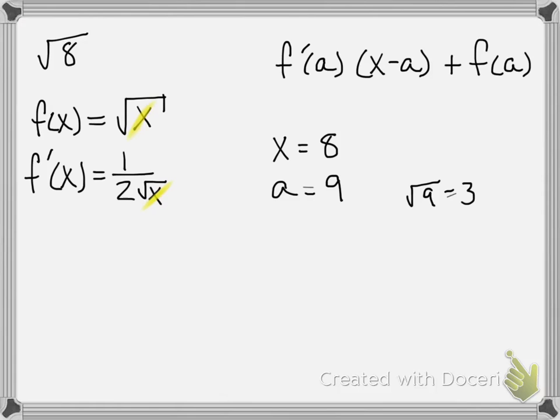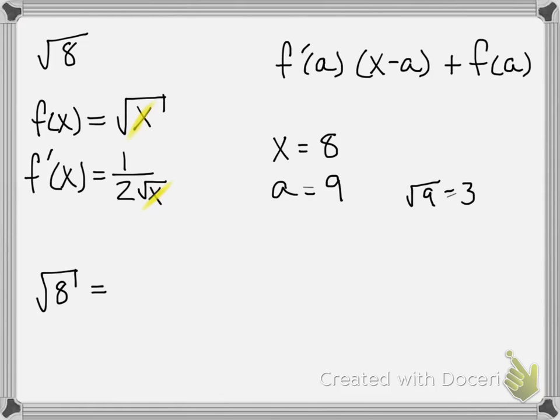Alright, so now that we have all that, we just go through and plug everything in. Our f of x, which is the square root of 8, since x is our 8, is going to be equal to our f prime of a.